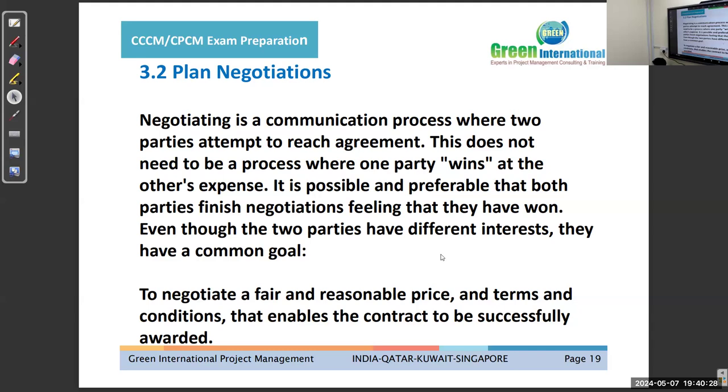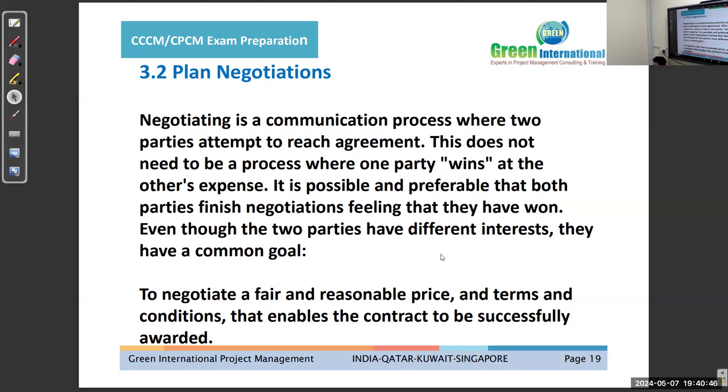Before finalizing negotiations, we must understand what our budget requirements are, in which range we are looking to buy that product, that contract, and within that only we are going to finalize it.